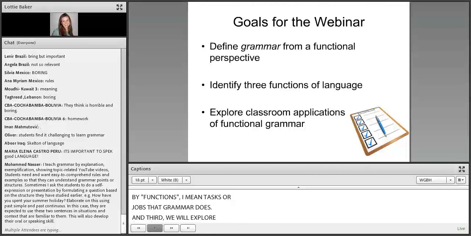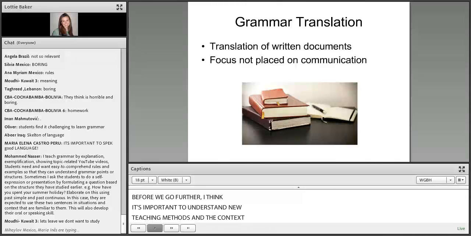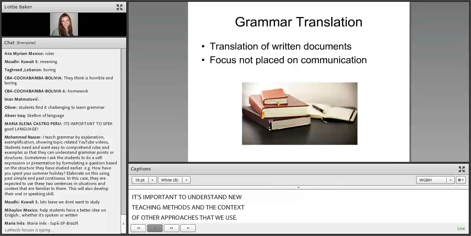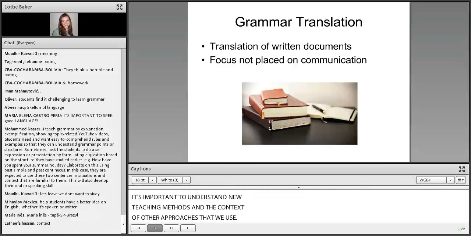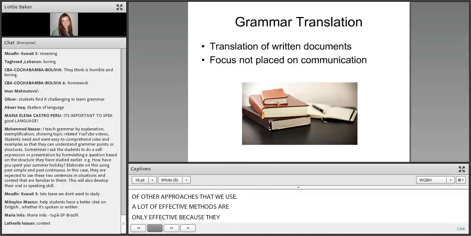Before we go further, I always think it's important to understand new teaching methods in the context of other approaches that we use. A lot of effective methods are only effective because they build on things we are already doing. So for grammar teaching, one traditional method is called grammar translation.